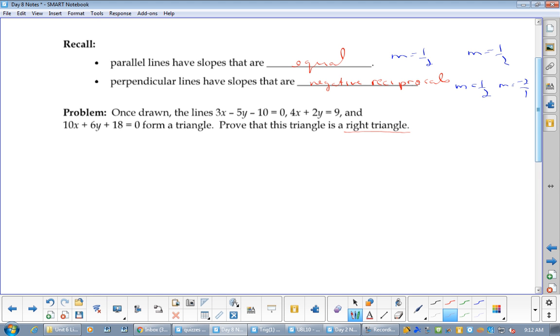Oksana? Perpendicular, right? When two things meet at a right angle, are they not perpendicular? So how can I prove that these lines would make a right angle triangle?